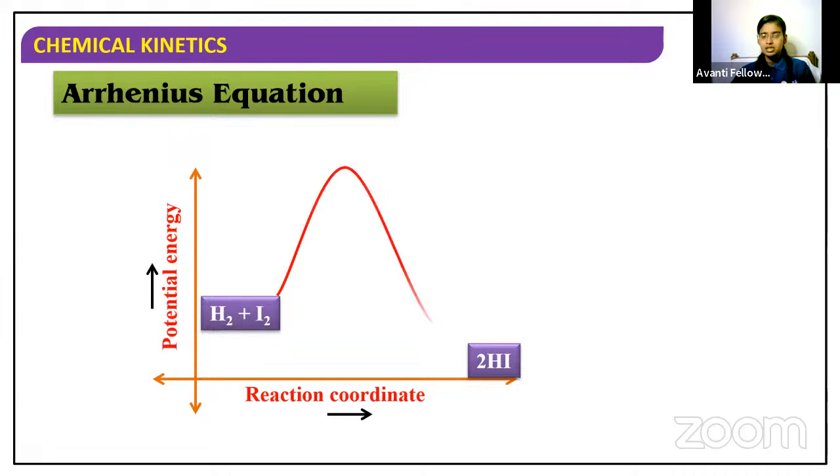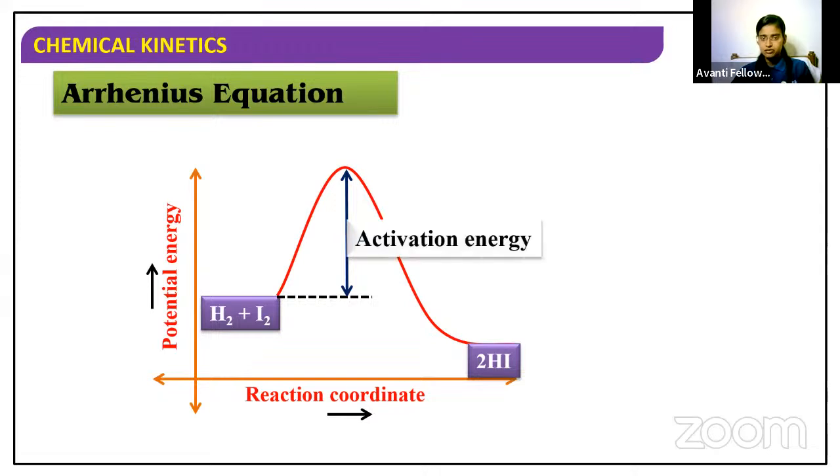So this is the pathway that the reactants take to reach the product. This is the potential energy of the reactants, and this much energy is required for the reactants to get activated, which is nothing but the activation energy for those two molecules. After getting activated, it immediately gets converted into the product 2HI.